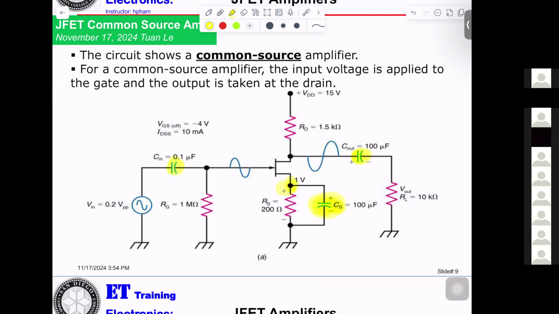However, when you get the AC here, the capacitor will be a short for AC. So that AC does not go through RS, it goes to the capacitor and to the ground. That's what they call a bypass. Bypass what? Bypass resistor RS.